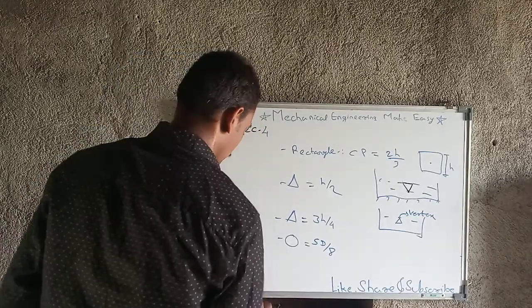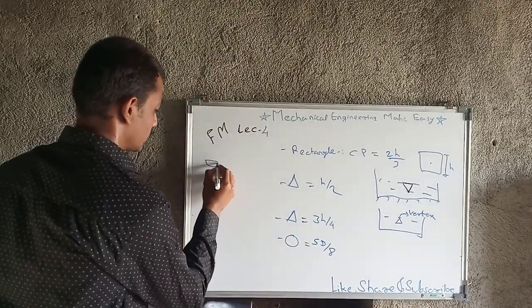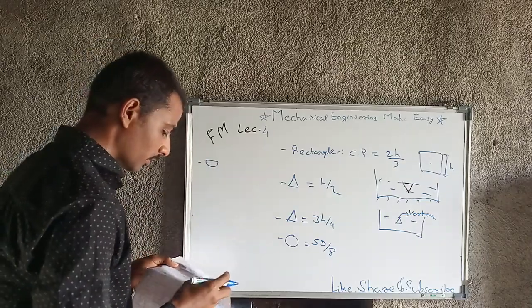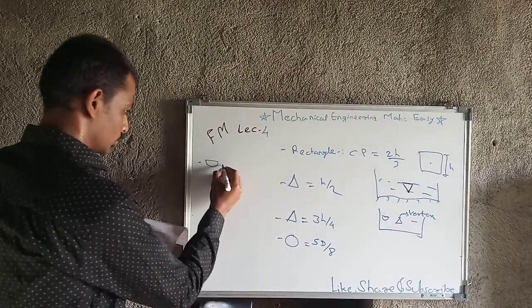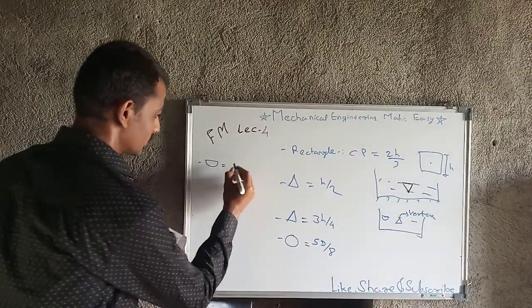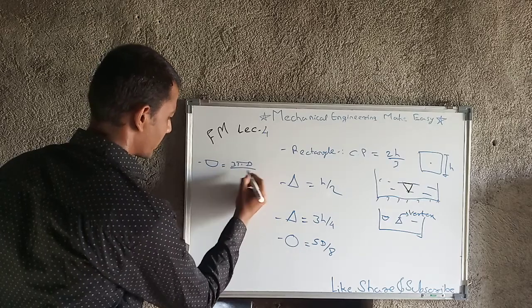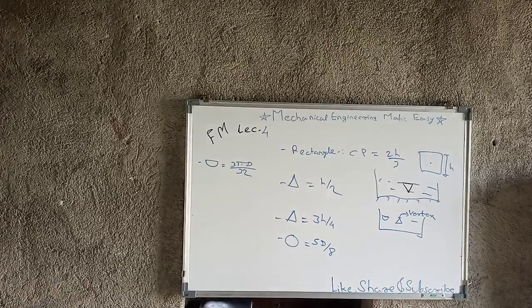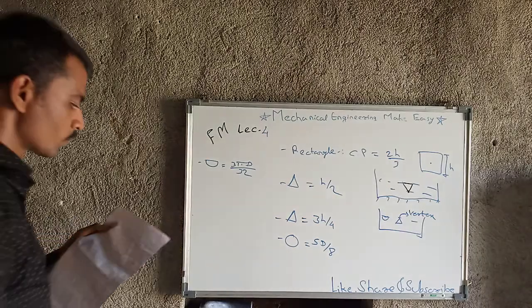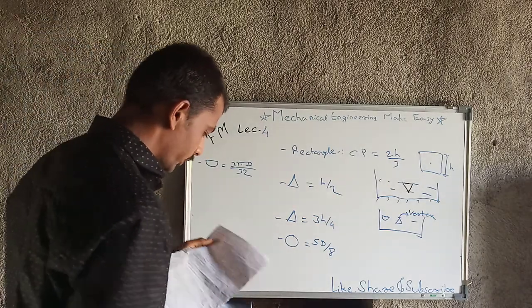And for a semicircle, with the diameter on the free surface, the formula is 3 pi d by 32. These are the formulas that I thought a question may come from, that's why I have given you all the formulas for center of pressure as bonus points. So note it down.